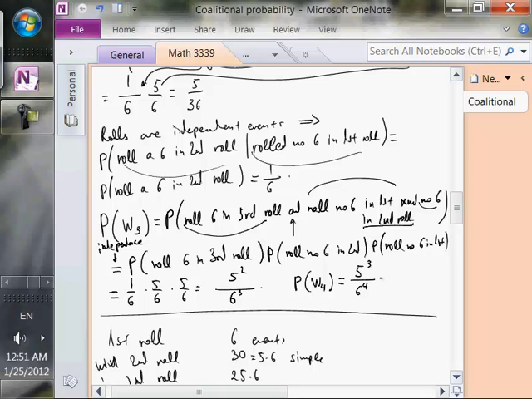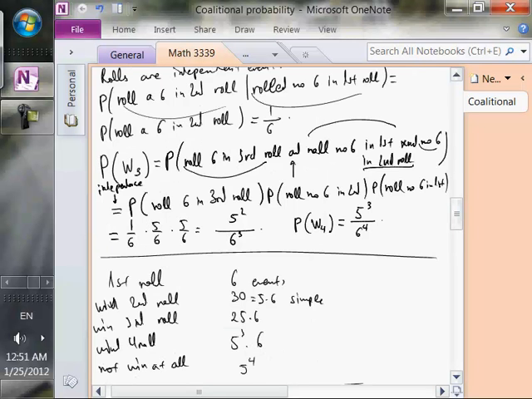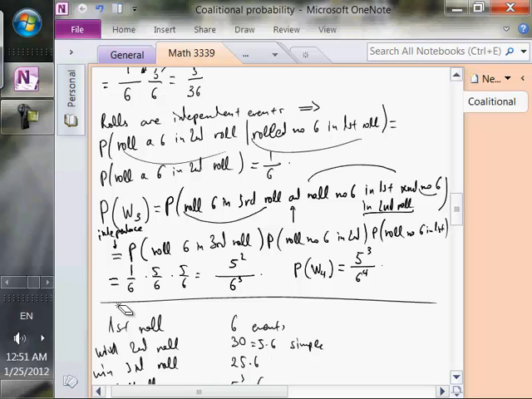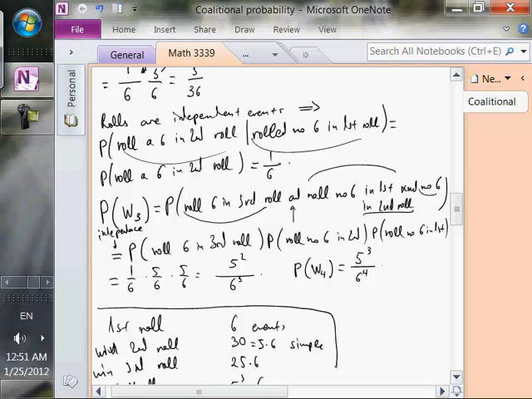And very correctly, as I initially solved the problem, I want to keep that part here for our discussion. So the probability of W is 1/6 plus 5 over 36 plus 5 squared over 6 cubed plus 5 cubed over 6 to the 4th. That's the correct answer to this problem.